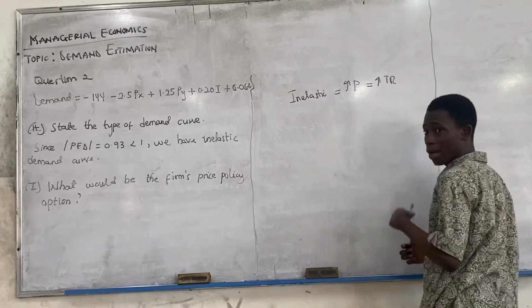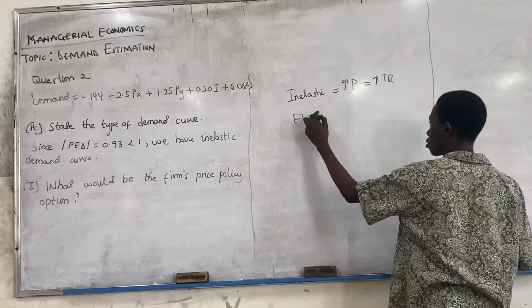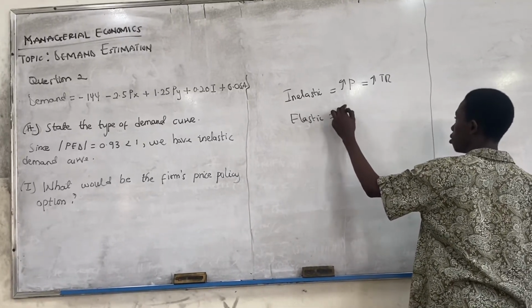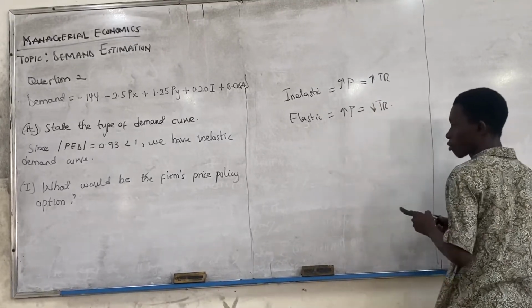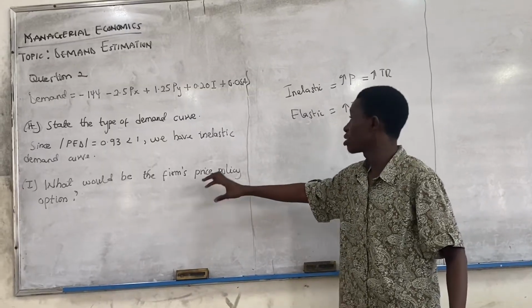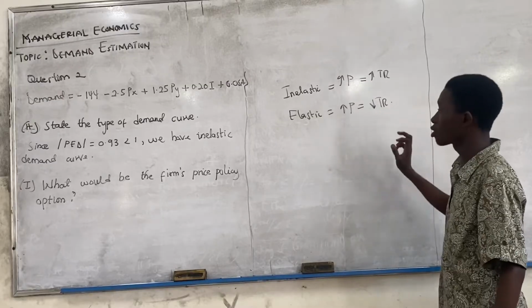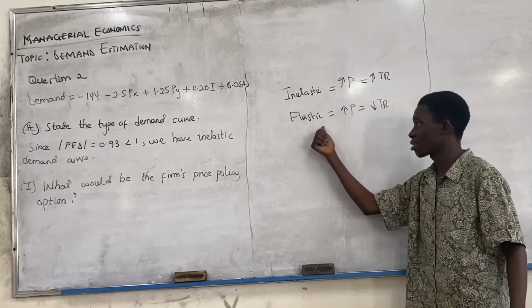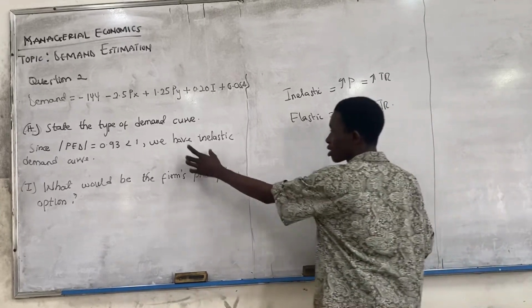If the own price elasticity of demand you solved was elastic, as your price increases, your total revenue decreases. What would be the firm's pricing policy option? We use only this: if it's inelastic, an increase in price increases total revenue. If it's elastic, an increase in price decreases total revenue.